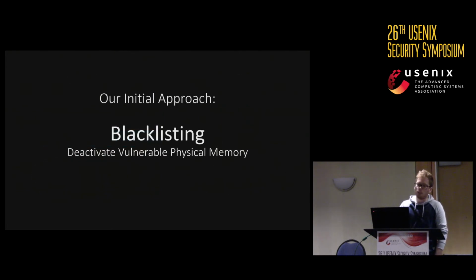So in our initial approach, we tried to simply deactivate the vulnerable memory locations. Our goal here was to deactivate them in such a way that they could never be used by the system at runtime. Therefore, we built a prototype for such a blacklisting approach to deactivate the vulnerable rows during boot time.